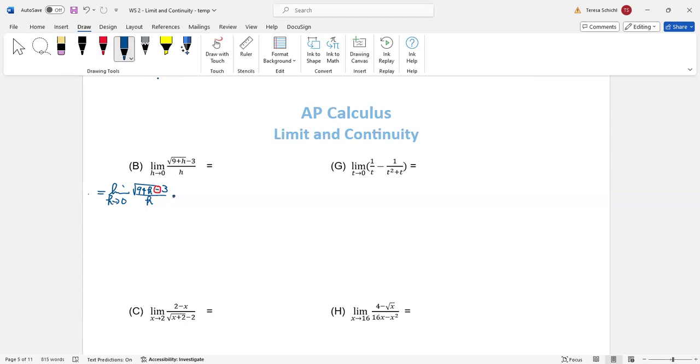All right, so that means I need to multiply this one, the square root of 9 plus h, by its conjugate, where I change it to plus 3, okay? And the denominator, you do exactly the same thing. So it's the square root of 9 plus h plus 3, right?